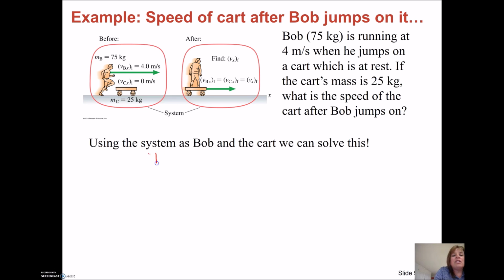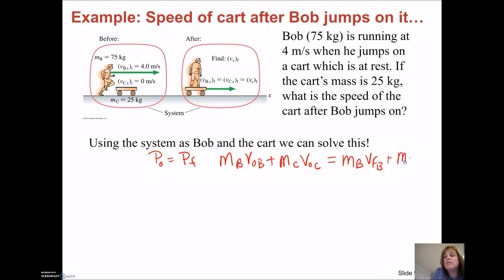So we have our initial momentum equal to our final momentum. My initial momentum would be the mass of Bob times the initial velocity of Bob plus the mass of the cart times the initial velocity of the cart. That's equal to my final momentum, which is the mass of Bob times the final velocity of Bob plus the mass of the cart times the final velocity of the cart.